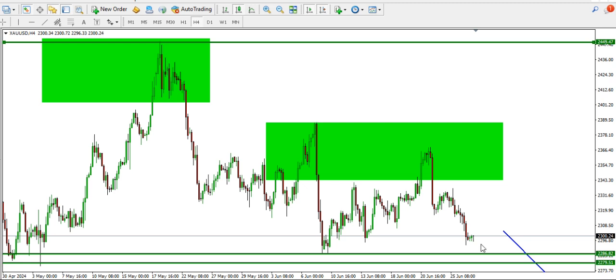But if price does not break the 2286 level and price goes up, we might likely see a higher high. And if we see a higher high, that indicates that the range continues. Of course, if we witness a higher high, that is a high higher than this high, then possibly a higher low and another higher high.